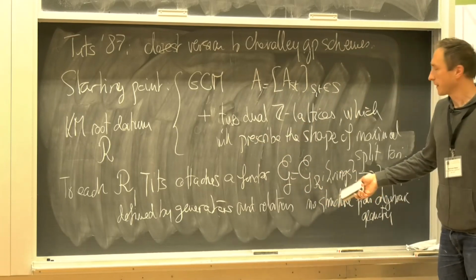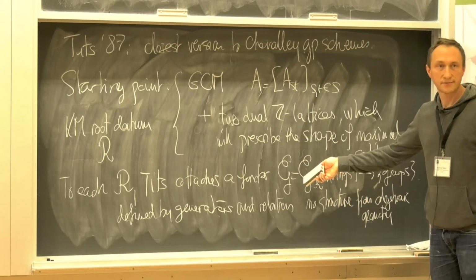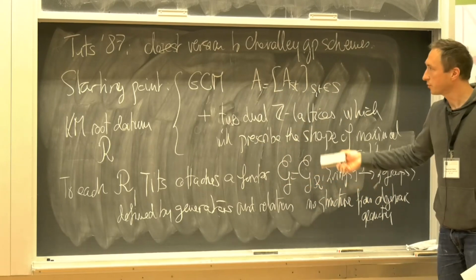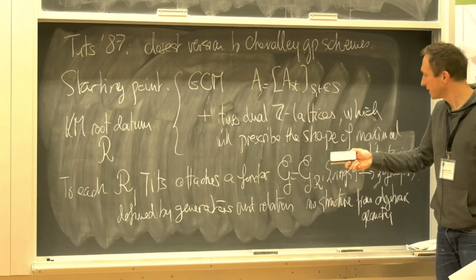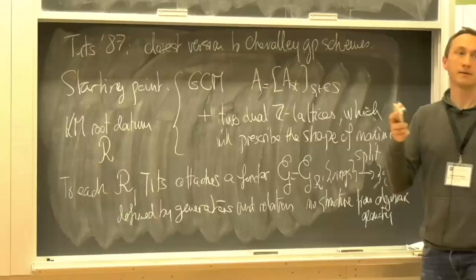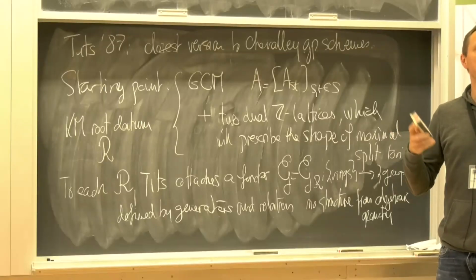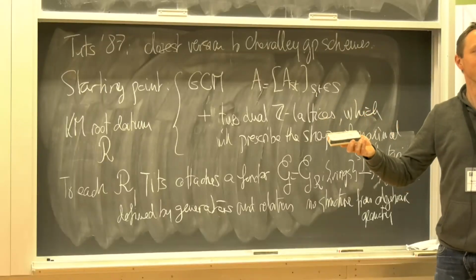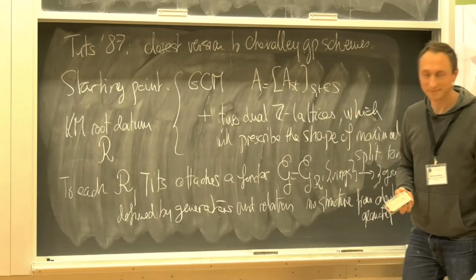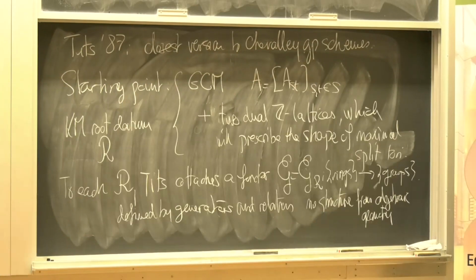And now what is good is that I can evaluate this functor on any field. And what is proved in the same paper by Tits is that whenever you evaluate this functor on a field, then you get a BN pair, a Tits system, with the Weyl group you expect. Okay, so fact.